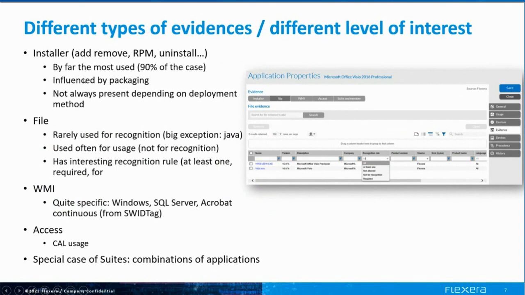And these evidences are the add remove, but can also be the RPM on Unix and uninstall eventually on Windows. So there are many installer evidence types. And these evidences have the interest that in most cases, a commercial application that you install will leave something, depending on how you deploy it, but normally it leaves something.